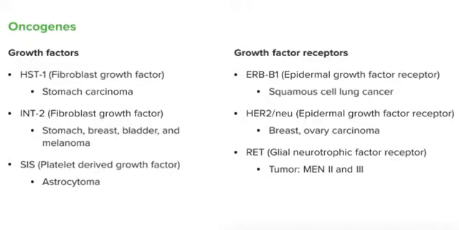This is the epidermal growth factor receptor that you want to know, and its association is with breast cancer more so. You have two major epidermal growth factor receptors, ERBB1 and ERBB2. Make sure you know about lung and breast respectively.